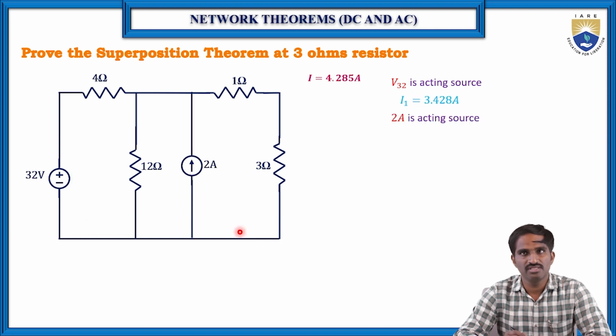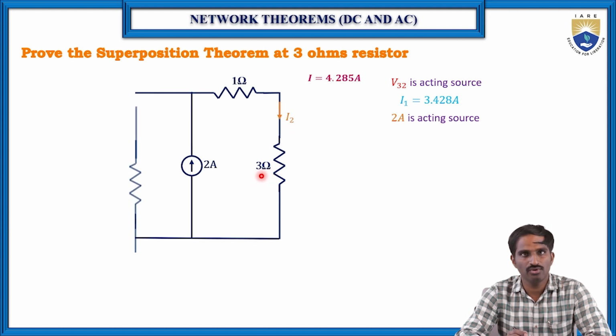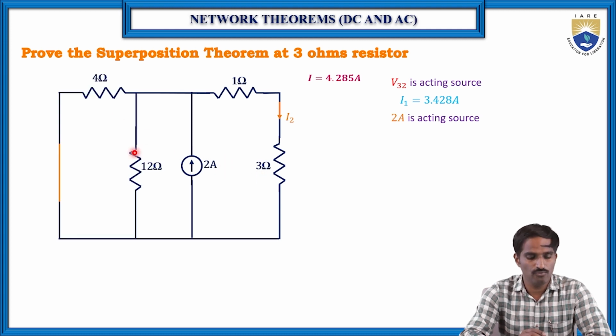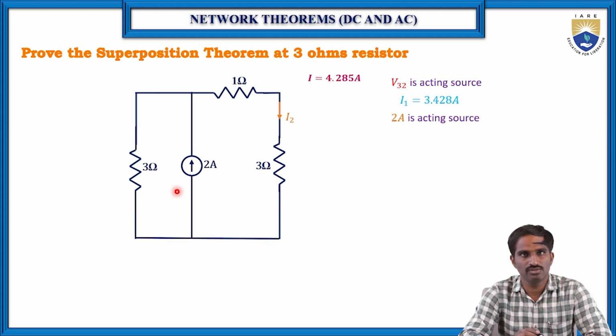Similarly, in the second case, let us consider the 2 ampere current source as the active source, and the voltage source is replaced with a short circuit. Now also let us find the current flowing through the 3 ohm resistor. To simplify, the 4 ohm and 12 ohm resistors are in parallel, so the equivalent resistance is 4 into 12 by 4 plus 12, which is equal to 3 ohms.